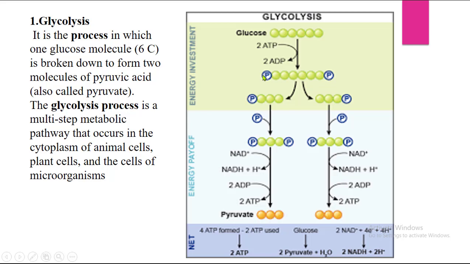Now it is charged and it cannot leave the cytoplasm. Once glucose has entered the cytoplasm, it is converted into a polar substance, fructose 1,6-bisphosphate. One phosphate is attached at carbon number 1 and another at carbon number 6. That's why it is known as fructose 1,6-bisphosphate.